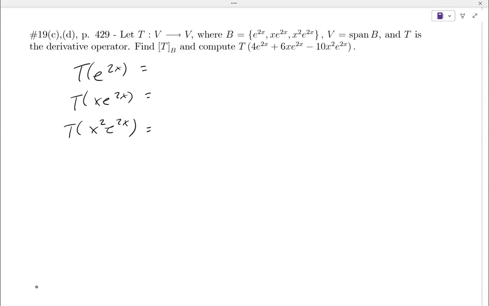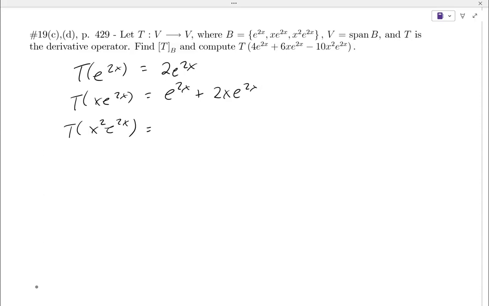Derivative of e to the 2x is going to be 2e to the 2x, good. For x e to the 2x, we'll have to use the product rule. We'll get an e to the 2x and then 2x e to the 2x. You're exactly right. I'm going to leave it like that, though, so we can get the coordinates easily. You're exactly right, though. It is 2x plus 1, but I want to leave it like that so we can get the coordinates with respect to the basis vector.